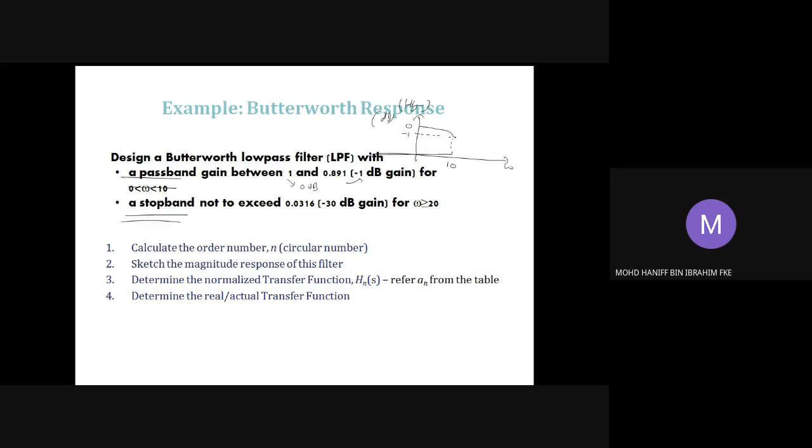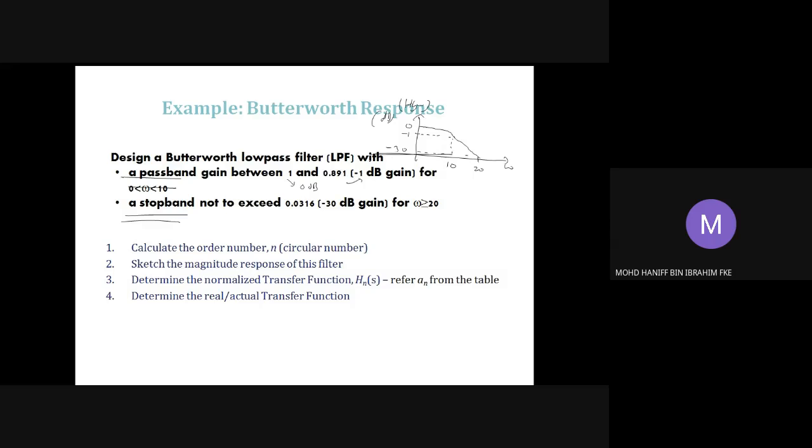Whereas for the stop band region, the gain is not to exceed negative 30 dB for omega bigger than 20. So the stop band region should be there: 20 radian per second, and your stop band gain will be negative 30 dB. That should be the plot of your magnitude response for the given Butterworth low-pass filter.